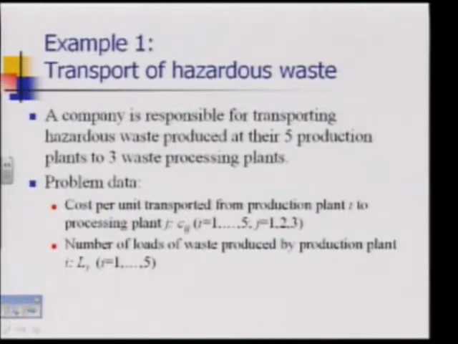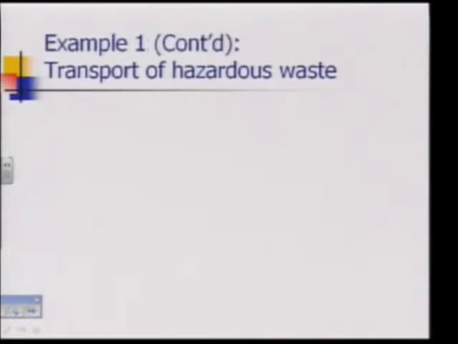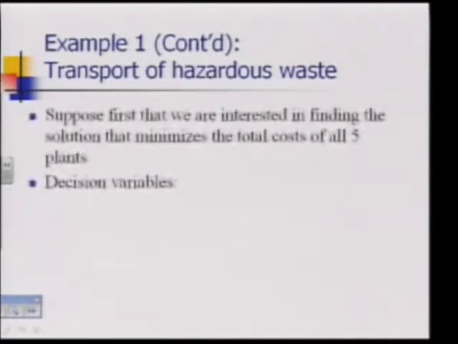And Li is the number of loads produced by the production plant. Suppose that we are interested in finding the solution that minimizes the total cost for all 5 plants. Okay, so what should we do?